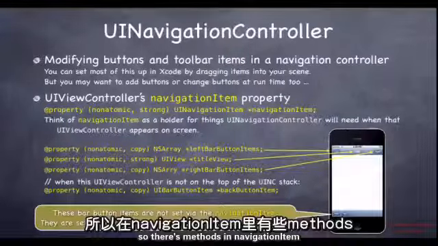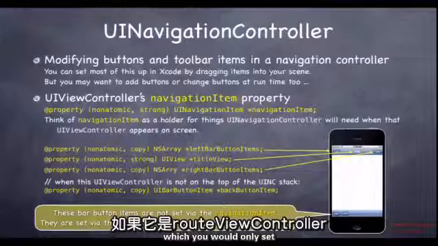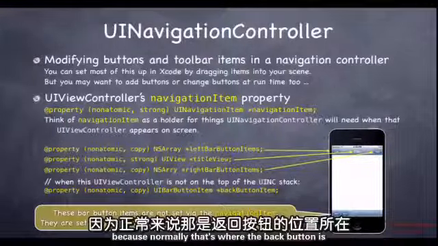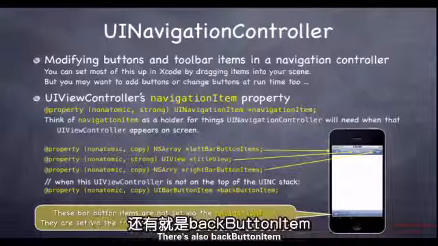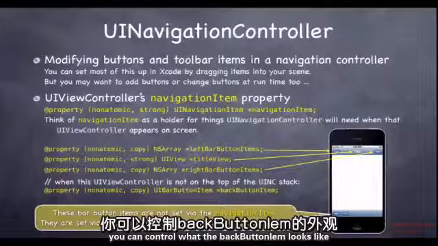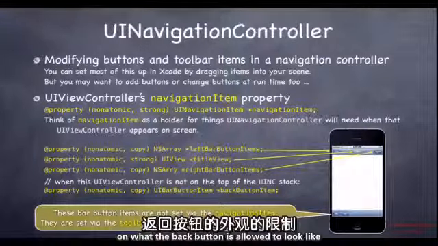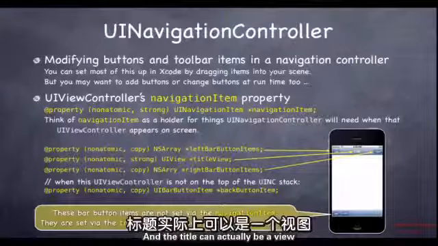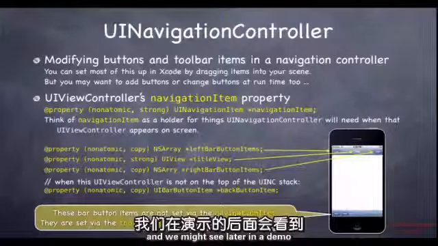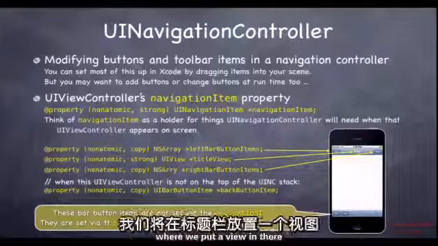So there's properties in navigationItem like leftBarButtonItem, which you would only set if it's the root view controller, because normally that's where the back button is. There's also backBarButtonItem, so that if you're not the root view controller, you can control what the back button item looks like, what image is in it or whatever. Some restrictions there on what the back button is allowed to look like. And the title can actually be a view. And we might see later in this course, we'll do a demo where we put a view in there.